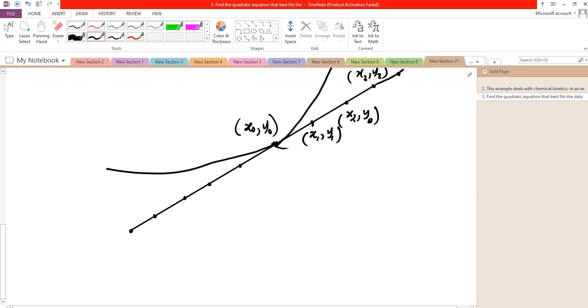Now let's find an equation related to this point.